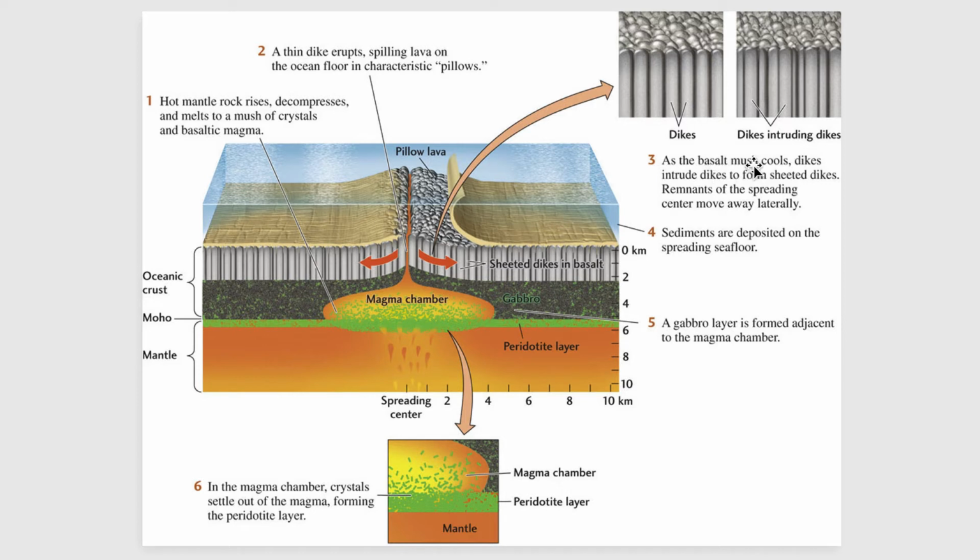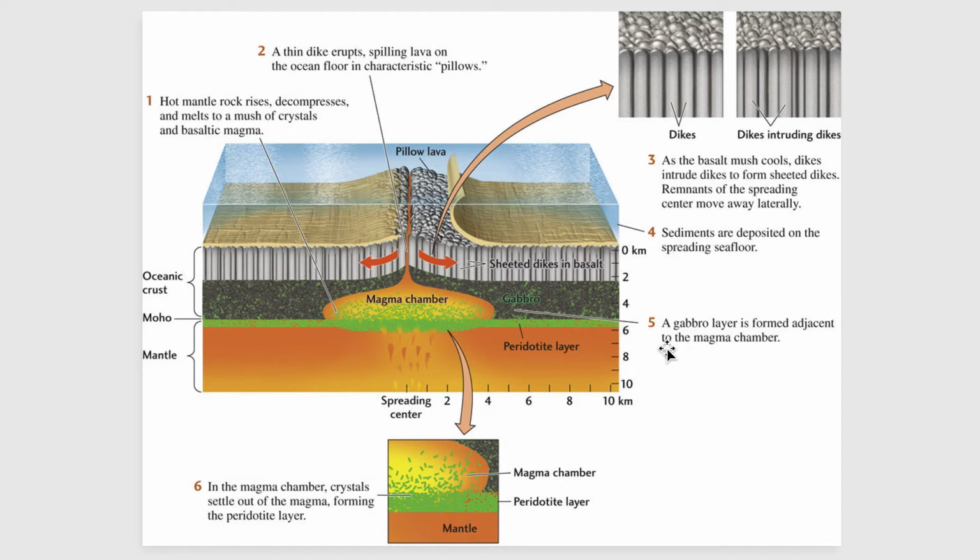When the mash cools, dikes intrude dikes to form sheeted dikes. This is the process of overprinting of multiple dikes, leading to these columnar structures, which are quite characteristic. Sediments are deposited on the spreading seafloor, so there will be sediments that culminate this stratification of a mid-oceanic ridge.